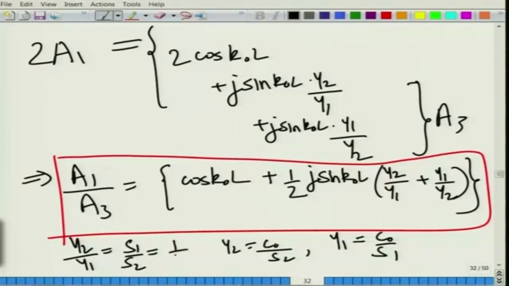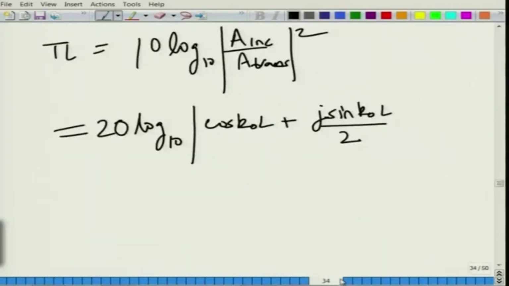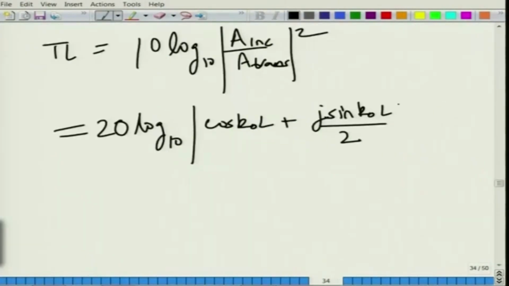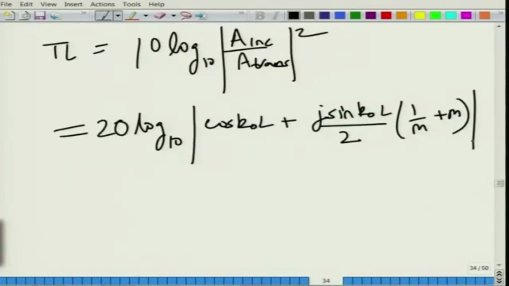So, let me call this 1 by m, and obviously y1 by y2 would become m, where m, if you recall, is the square of the diameter of the chamber to the port, m equal to (d by d naught) square. It is convenient to write it like this. So, y2 by y1 plus y1 by y2 is 1 by m plus m.